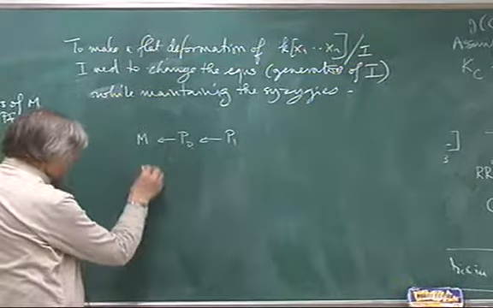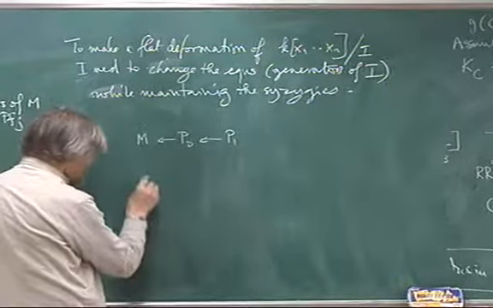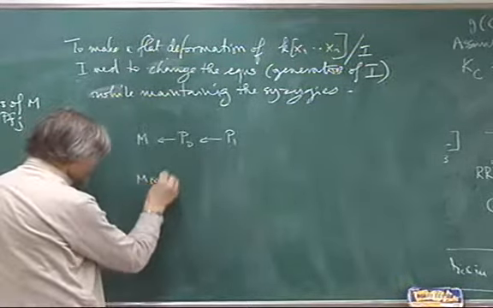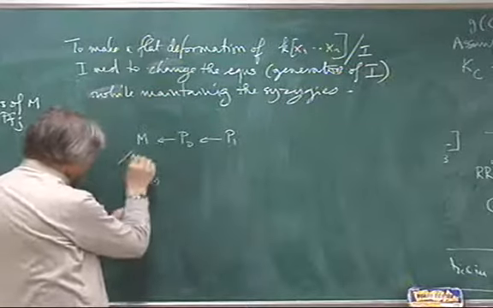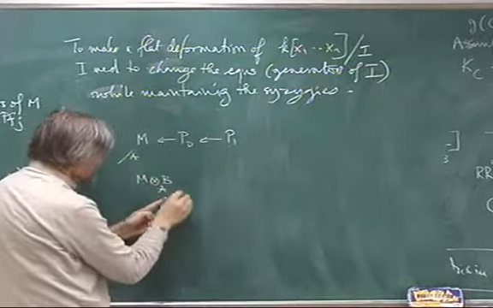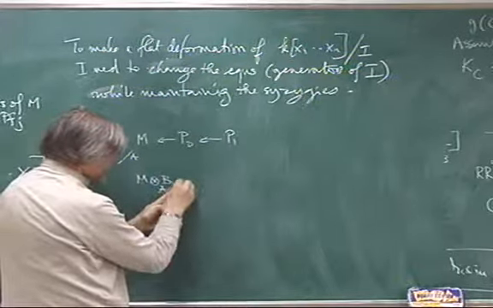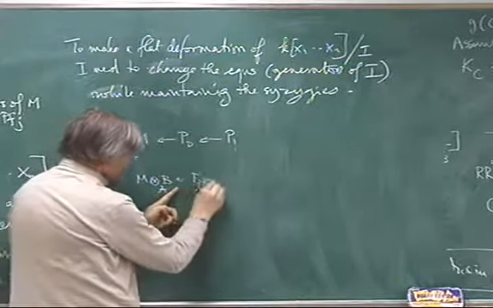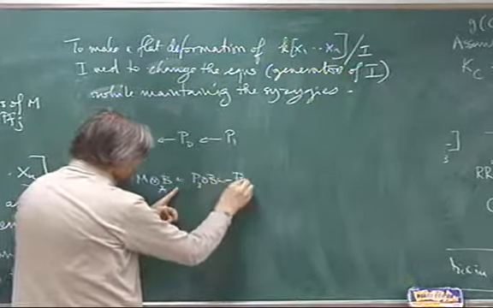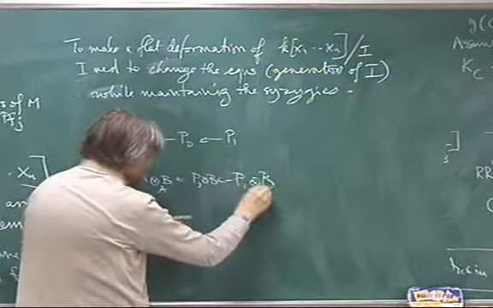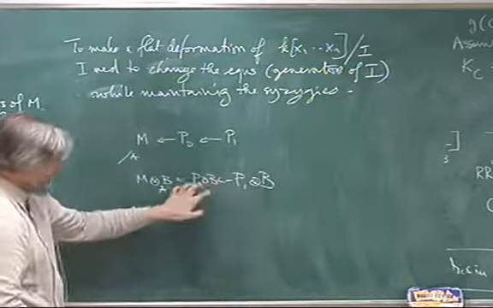So if I do M and I get this, then what I want is that M tensor, whatever it is, over A, I want this to be P0 tensor B, P1 tensor B. I want this one to remain exact.